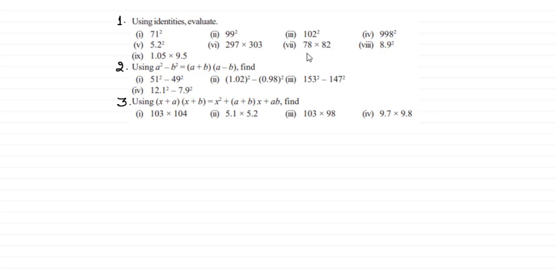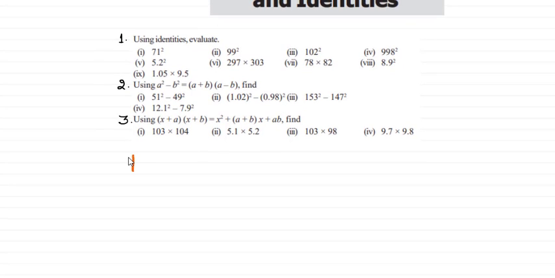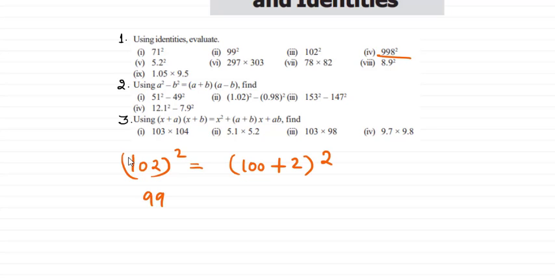The same way, if you want to find the square of 102, you can simply break it as 100 plus 2 and solve it. Then we have 998 square, that also can be done. If you do it with plus, it will become difficult. So you can take 1000 minus 2 and then solve it.